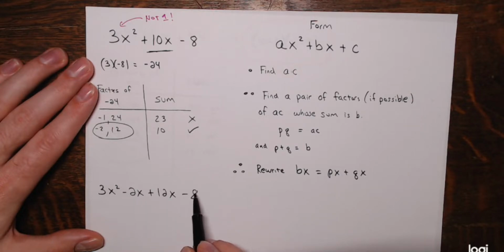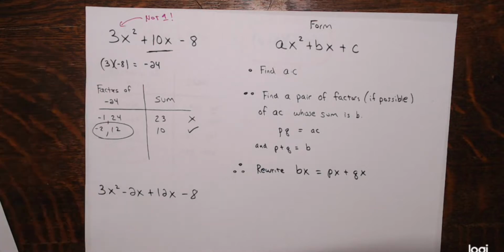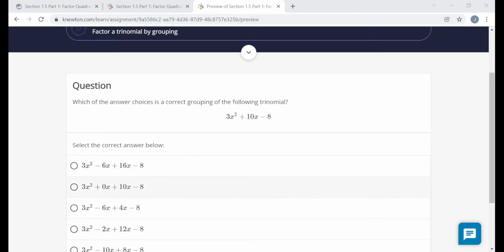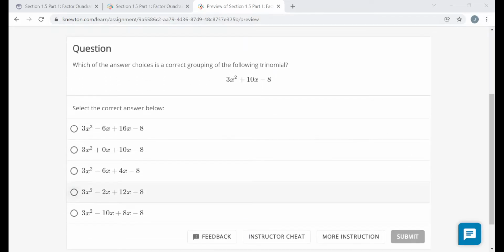And this is all they were asking us for. How would you rewrite the middle term to start factoring by grouping? Of all these choices, the one that makes sense for grouping is this minus 2x plus 12x in the middle. That's all they want.